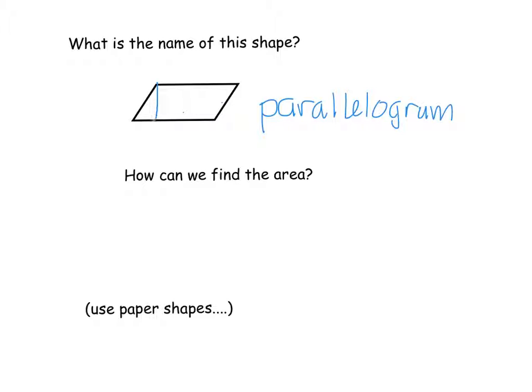However, if we had this piece right here, and then we moved it over here, we now have a rectangle of the same area. So from here to here is the same distance as from here to here. So we're going to call this the base.